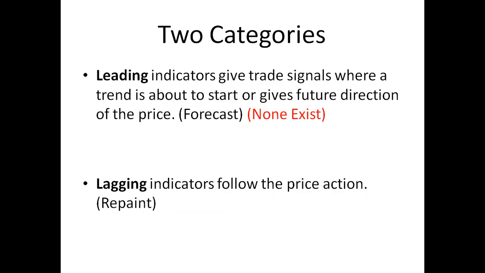So all this I have said simply means they give you a forecast. They tell you where the market will be going in the near future. That is a forecast. They give you a forecast of where the Forex market will be moving to.